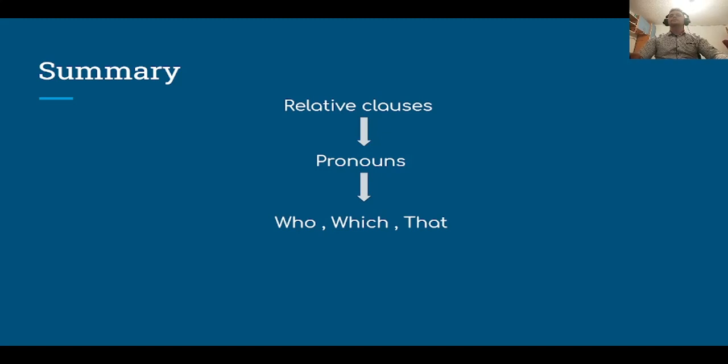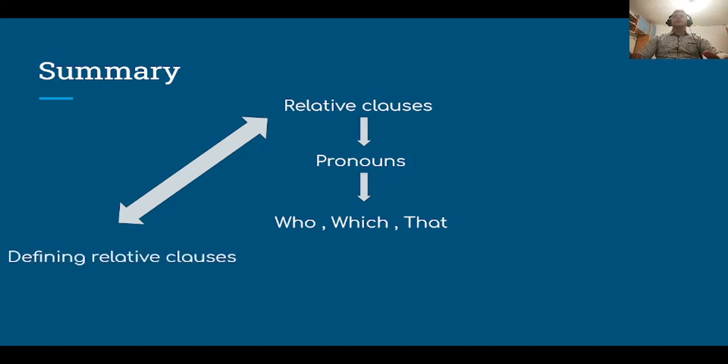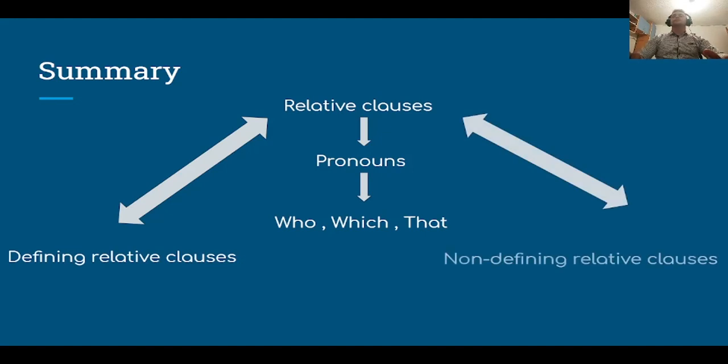Absolutely. After we mentioned the relative pronouns, we mentioned the two types of relative clauses. So, the two types of relative clauses were defining relative clauses, that's right, and the non-defining relative clause. So, what's the difference between two?